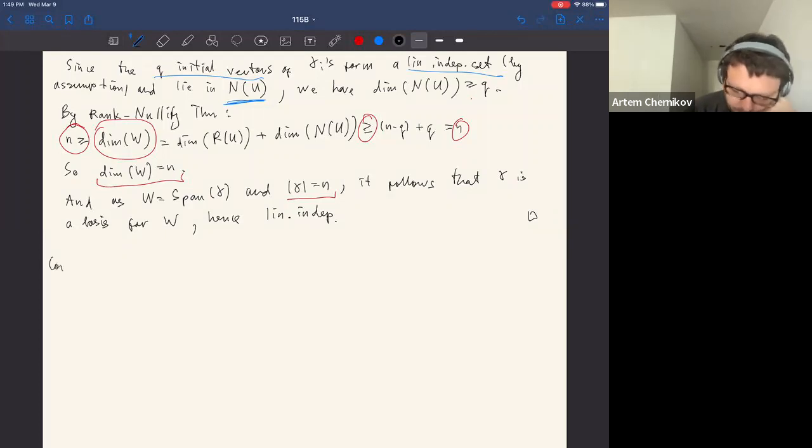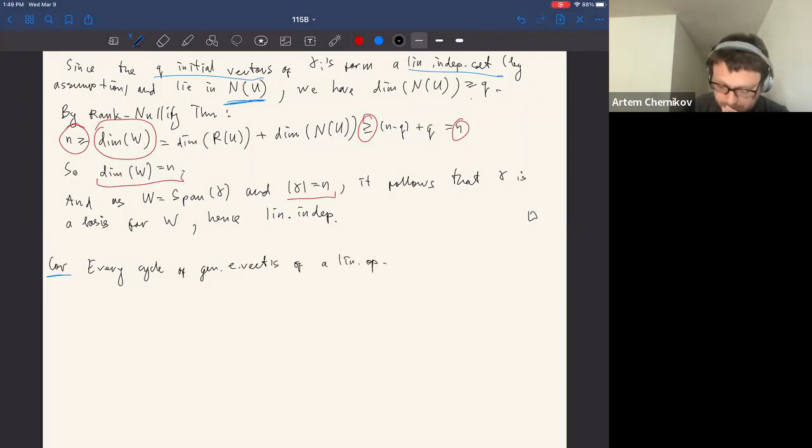And let me end with a quick corollary of this result. So we have that every cycle of generalized eigenvectors of a linear operator is linearly independent.